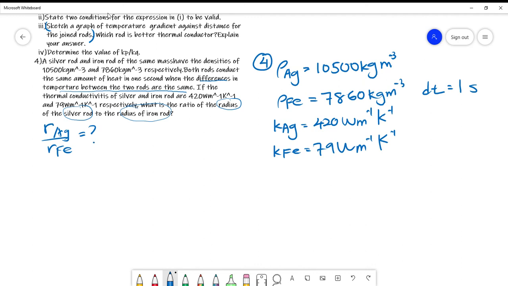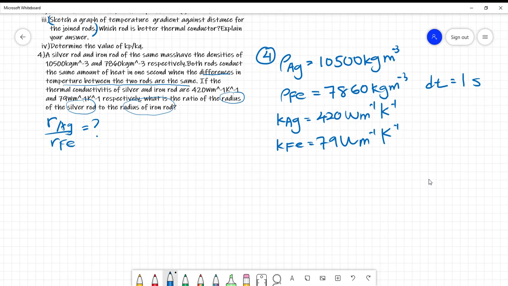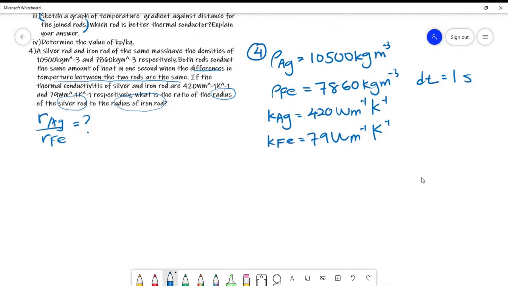Alright, let us just begin with this. What we know for the formula of density is m over v.